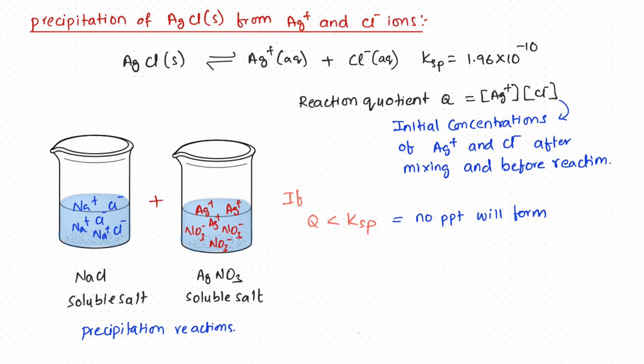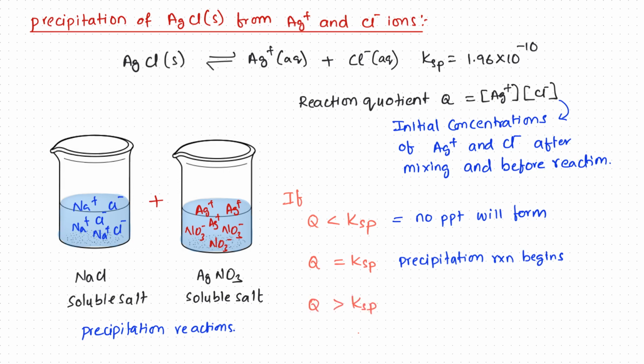Therefore, no precipitation occurs. If the Q value is equal to Ksp, then we have exactly the maximum amount of ions that can coexist in the solution. Therefore, the precipitation reaction begins at that stage.